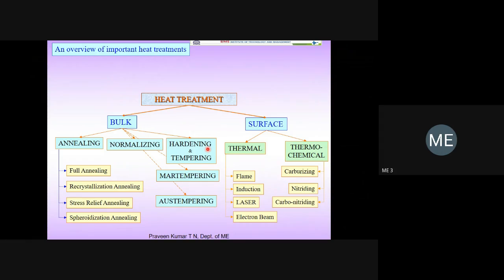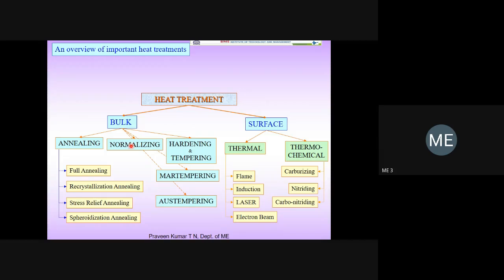Hardness increases to a very high level because of the microstructure, referred to as the martensitic phase. To reduce the hardness obtained during hardening, we use a secondary heat treatment process, that is nothing but your tempering process.